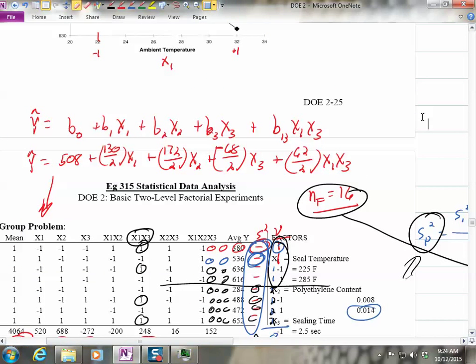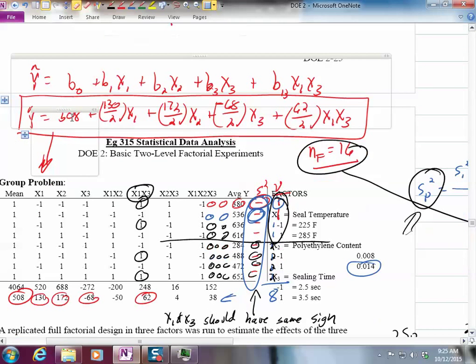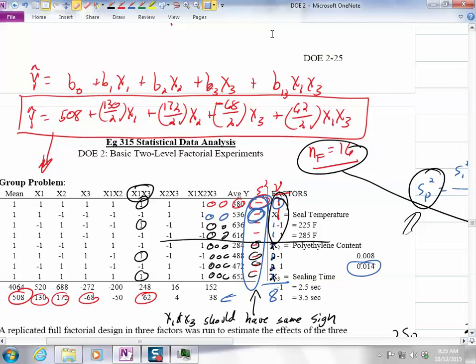You guys get that model? Okay. So now you can plug in any value of x1, x2, x3 that's between -1 and +1 inclusive, and you can predict the seal strength of those wrappers.